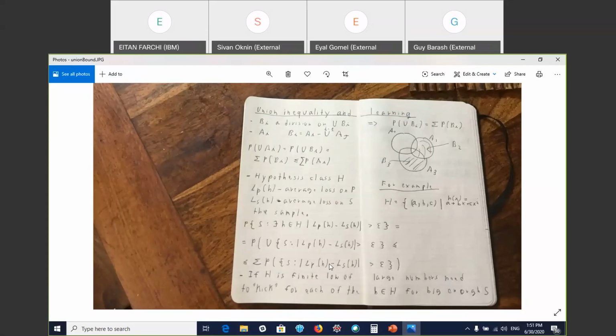So if H is finite, then we can bound this sum, and we basically get a theoretical PAC learning result. A basic instrument in proving theoretical PAC learning results is to use the union bound over the existence of non-representative samples.